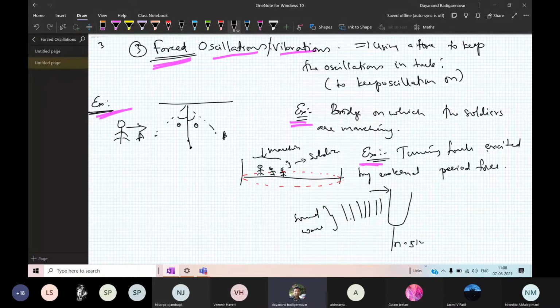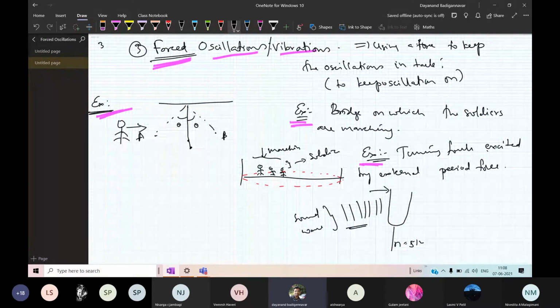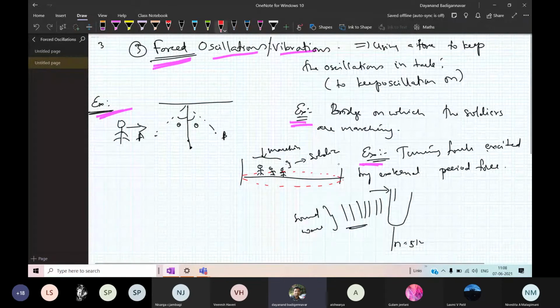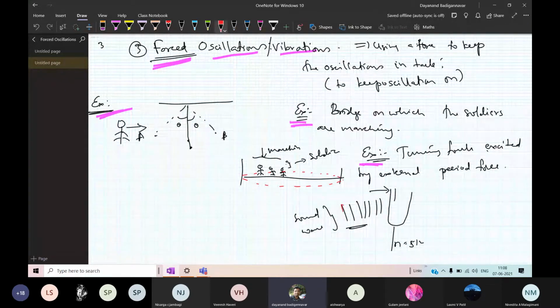As the sound waves fall on the tuning fork, it will start to oscillate. These are the sound waves which are incident on the tuning fork. As they are incident, the tuning fork will start to vibrate. So this is the vibration of a tuning fork. That is a forced oscillation.